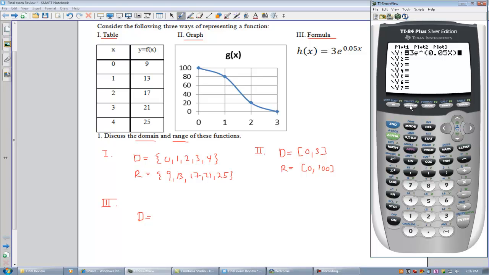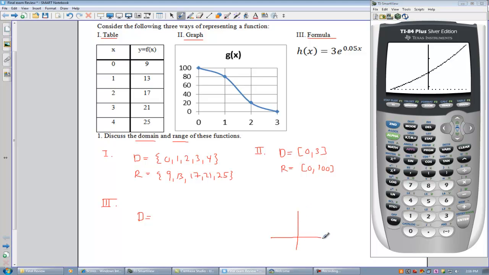And then I'll make my window, and maybe I'll just make it go from -10 to 10, why not? Then zoom fit it. All right, so it's going from -10 to 10. And we see what's kind of happening here. So if you want to draw a graph of this, right, it's doing something like that, from -10 to 10.